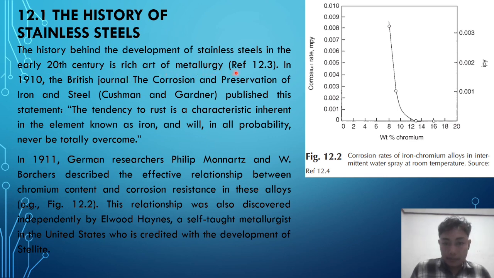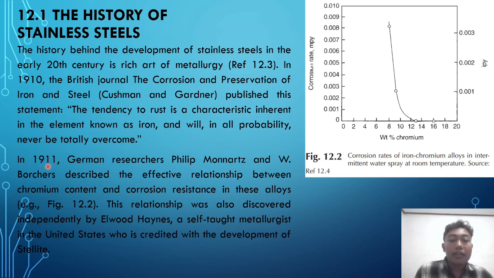In 1910, the British journal The Proceedings of Iron and Steel, Craftsman and Gardener, published the statement: the tendency to rust is a characteristic inherent in the element known as iron and will, in all probability, never be totally overcome.